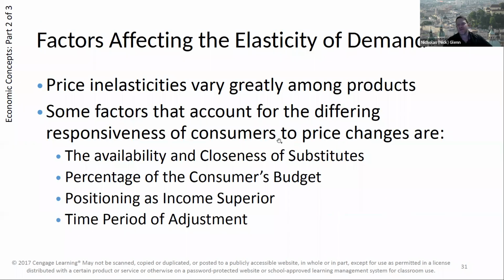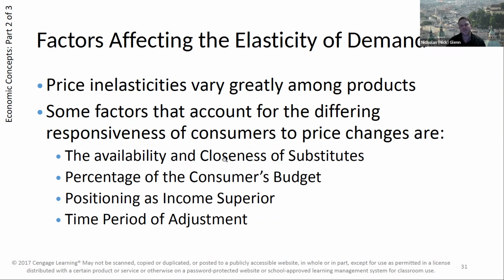All right. So some of the factors that go into affecting the elasticity of demand vary among different products. One of the things that affects it is if there's a close substitute. If there's something you can replace it with easily, like Coke and Pepsi, good substitutes.